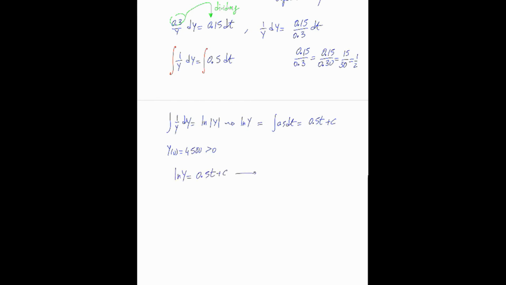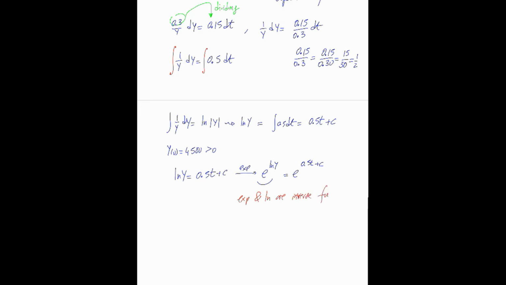We exponentiate both sides, and we have e to the log of y equals e to the 0.5t plus c. E to the log of y: exponential and log are inverse functions. Let me write it here in red.